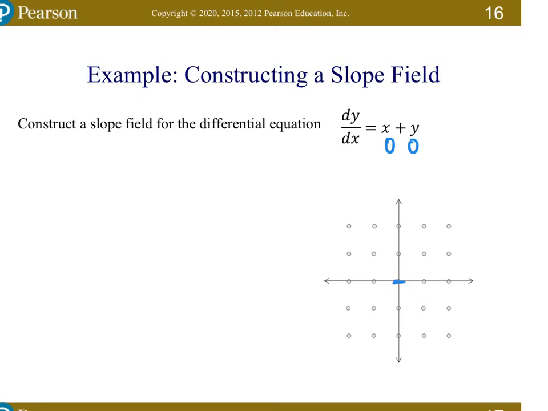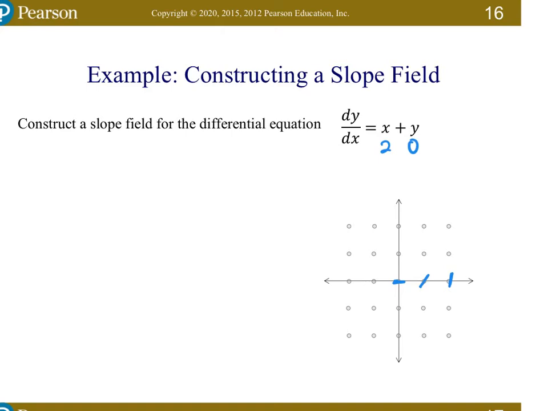As I move across the x-axis, the y value is going to stay 0, but the x value will continue. So at 1, 0, I have the slope of 1. As I move to 2, 0, I'll have the slope of 2, so slightly steeper.